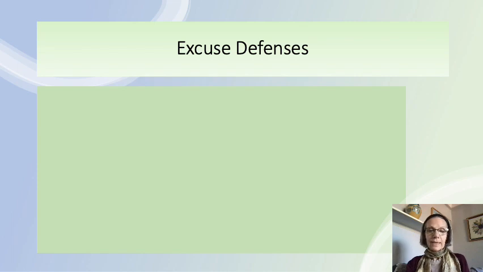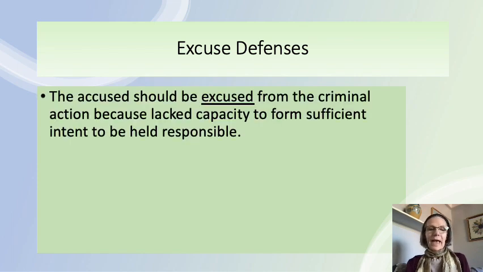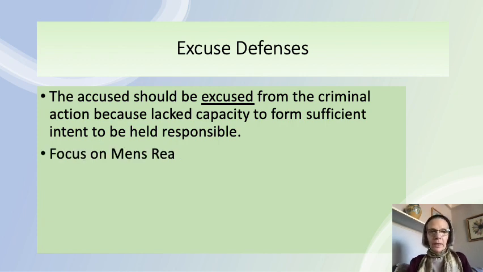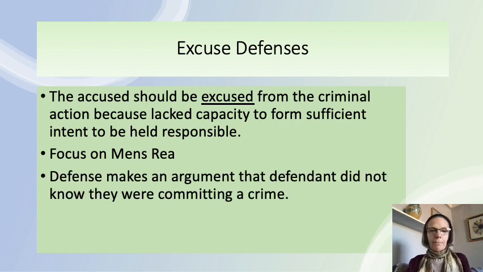Let's turn our sights now to excuse defenses. In an excuse defense, the argument that the defense attorney makes is that the accused should be excused from the criminal action because they lack the capacity to form sufficient intent to be held responsible. And so in excuse defenses, the focus is on mens rea.